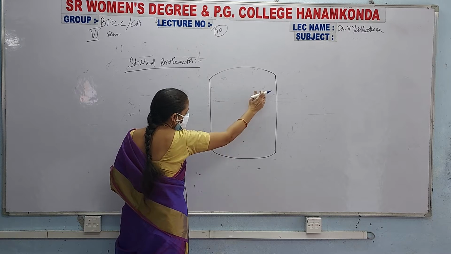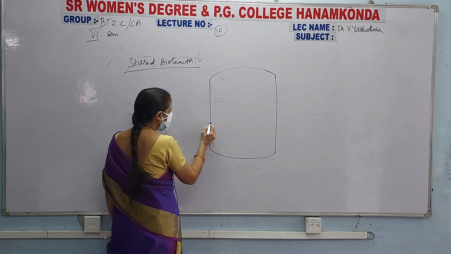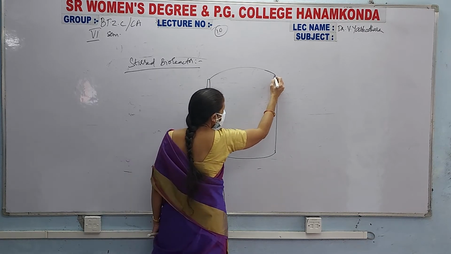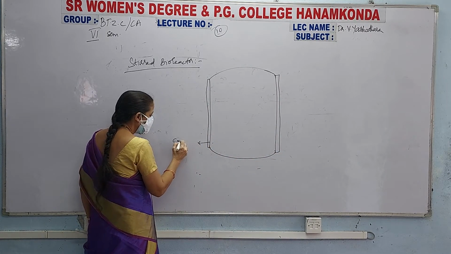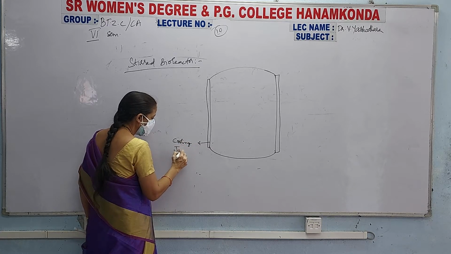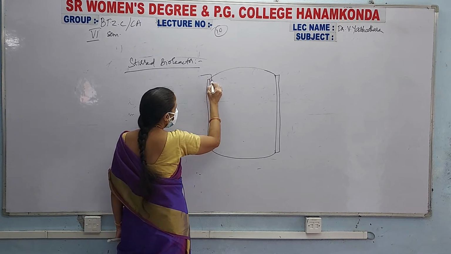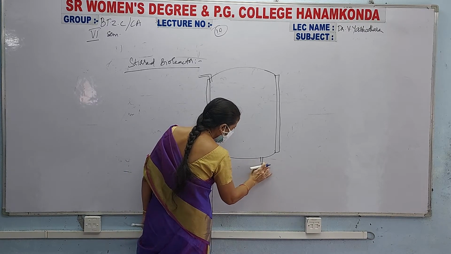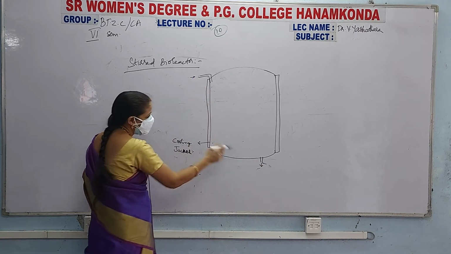The inner surface has a smooth finish, or mirror finish, or glass finish, and it is surrounded by a cooling jacket. Now it consists of an inlet and an outlet.